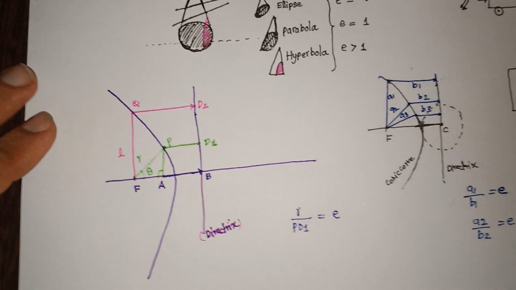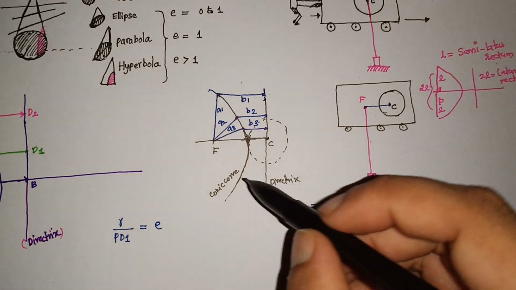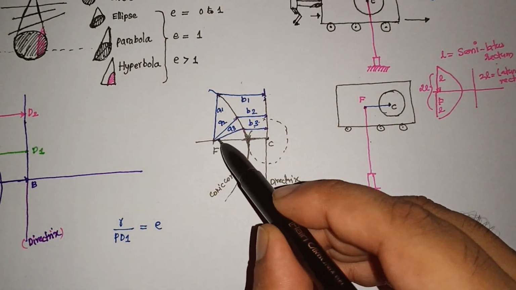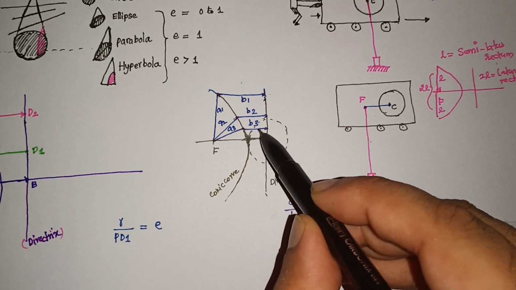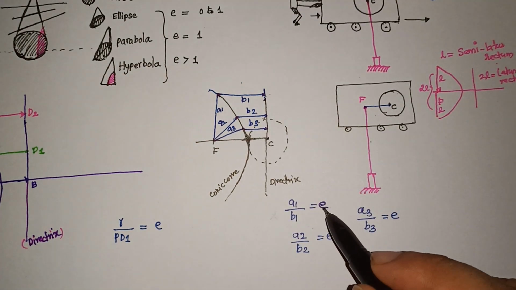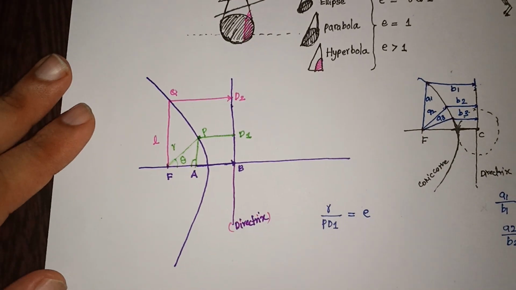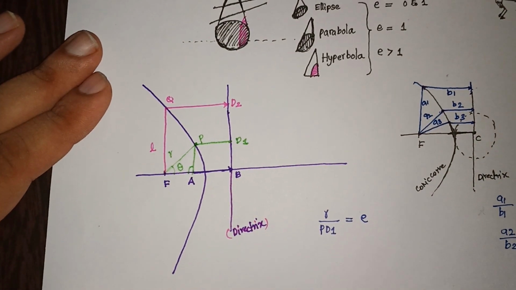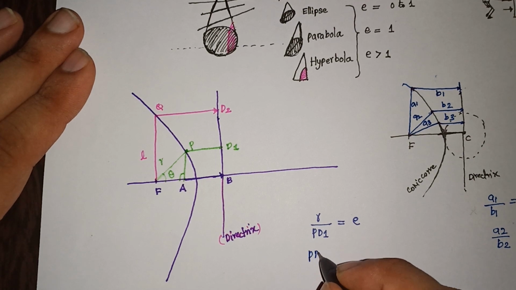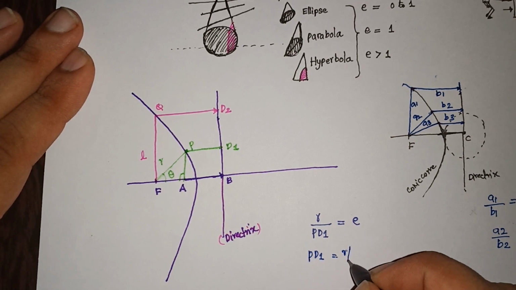And if you ask why, it's because this is going to be your R, and this is going to be your PD1. So R divided by PD1 gives me E, as per the basic definition we have already seen. That means PD1 is going to be R divided by E.